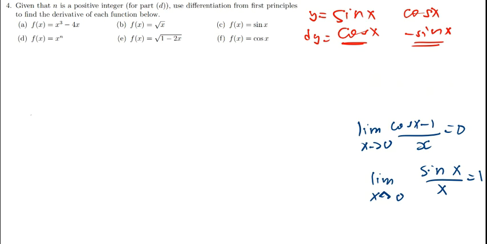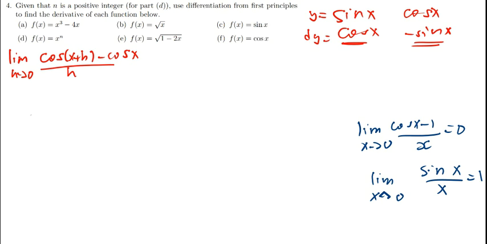So we have the limit as h goes to 0. Now for cos, I'll say cos of x plus h minus cos x, and we said the answer should be negative sin. I'll divide this by h.